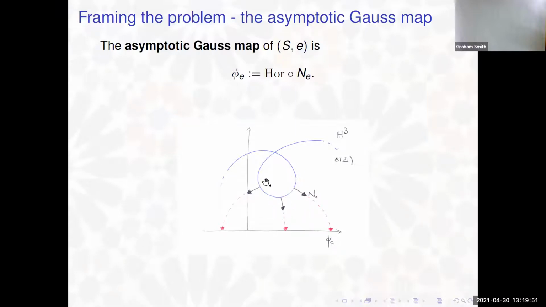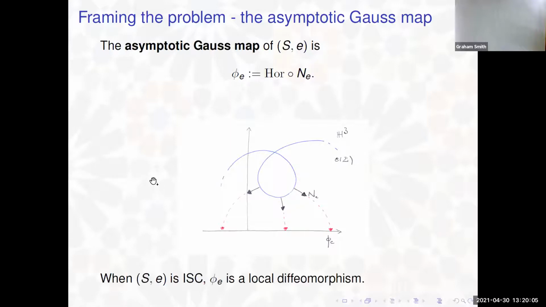So here I have my immersed surface, my unit normal vector field, the geodesics leaving each normal vector, and the asymptotic Gauss map, which sends my surface into the ideal boundary of H3.